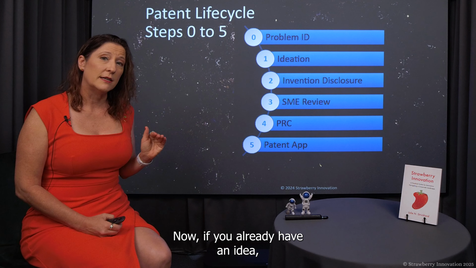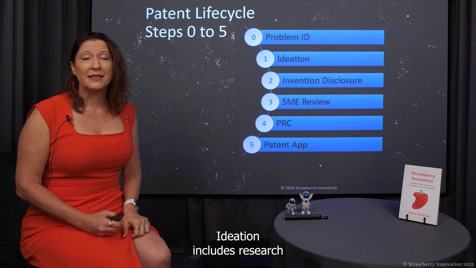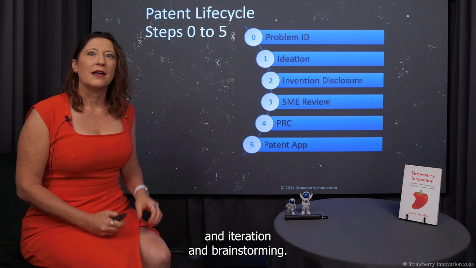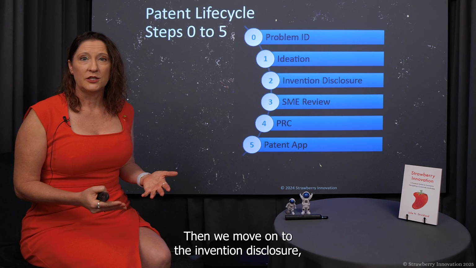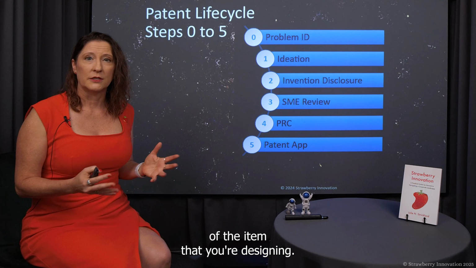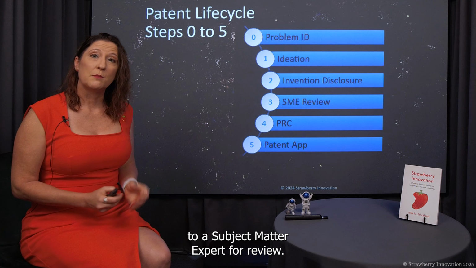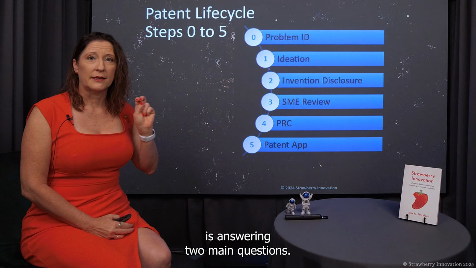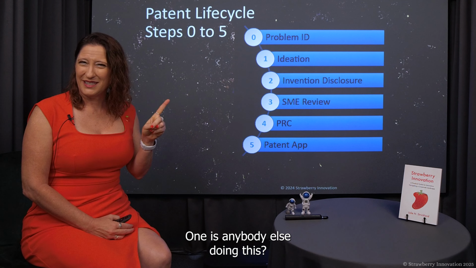Now, if you already have an idea, you might go to the first step, which is ideation. Ideation includes research and iteration and brainstorming. Then we move on to the invention disclosure, which is a summary of the item that you're designing. And that invention disclosure goes to a subject matter expert for review. That subject matter expert is answering 2 main questions. 1, is anybody else doing this?